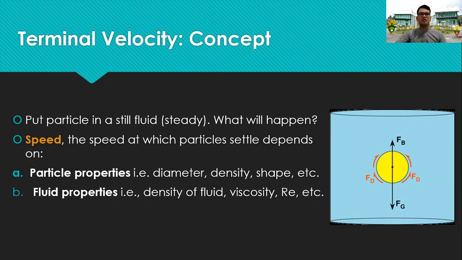So when you do research, particularly on your thesis, please consider the various properties of your sample or your commodity, because every aspect of that particular commodity will be needed or required in assessing or evaluating the efficiency of that particular process or machine. Okay, so that's the concept.